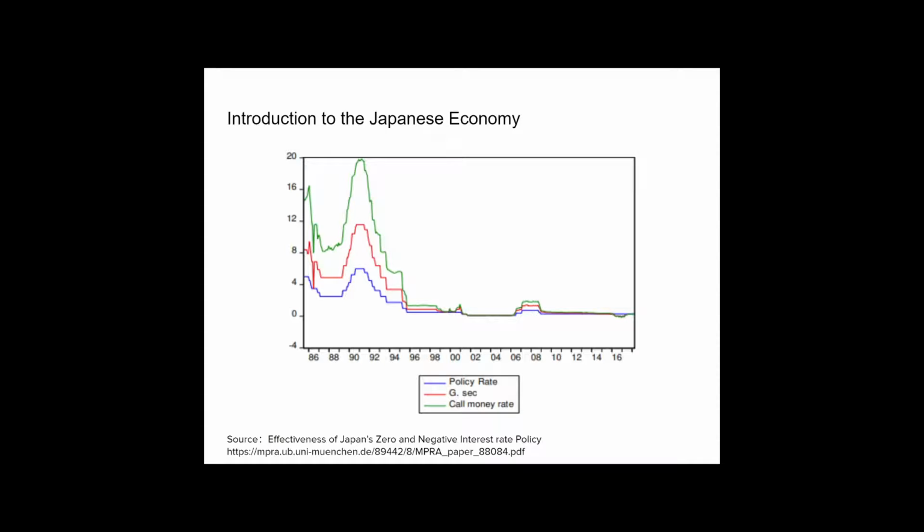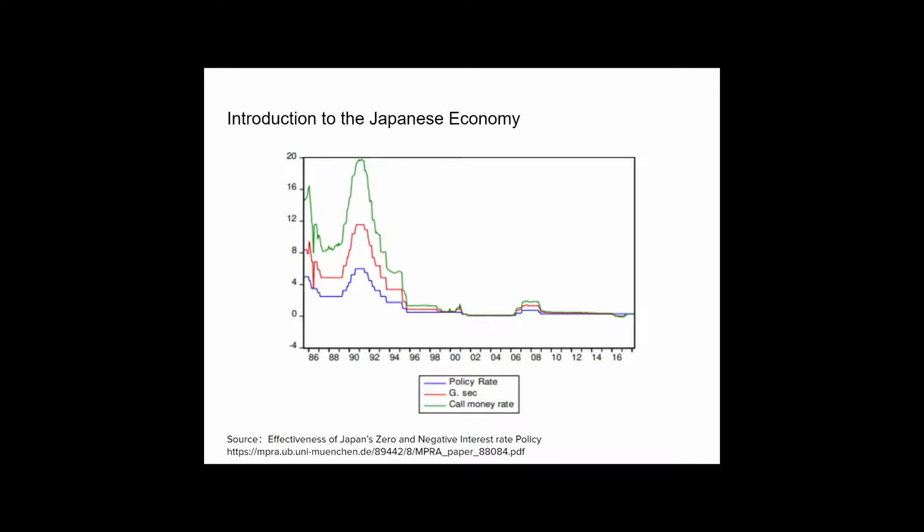The red line graph is GSEC. Its full name is Government Securities. The government securities are securities issued by the central government to borrow from the financial market to meet its fiscal deficit.